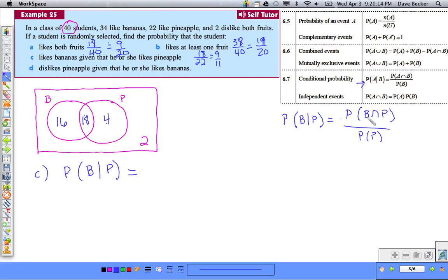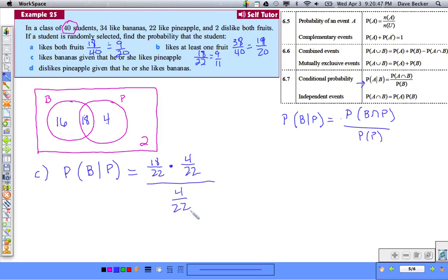So that's going to be equal to probability of b intersect p. Now there's no canceling out here with these formulas, and you might want to in just a second. But b intersect p is a probability of bananas, given that they like pineapple, which is 18 out of 22, times probability of pineapples, which is 4 out of 22 over 4 out of 22.